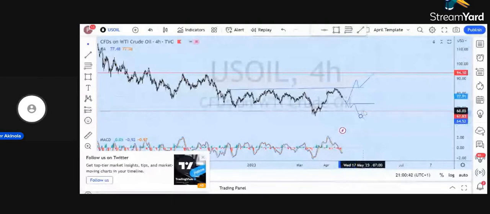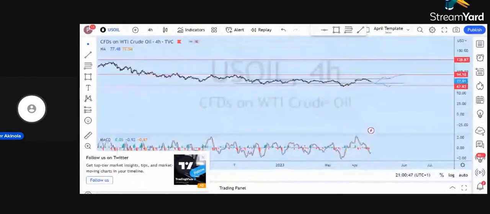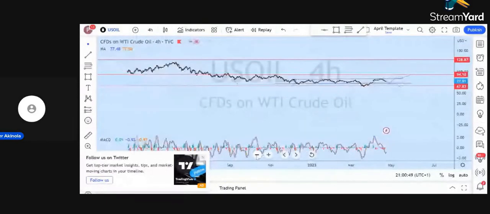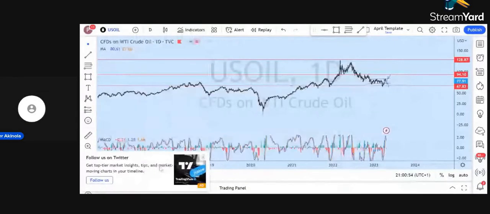But it's not likely price of oil will go down. With everything that is happening, it's not likely price of oil will go down. But then we follow exactly what we can see on the chart. We follow what we can see on the chart.